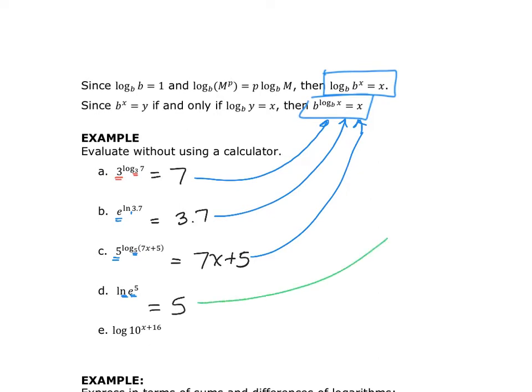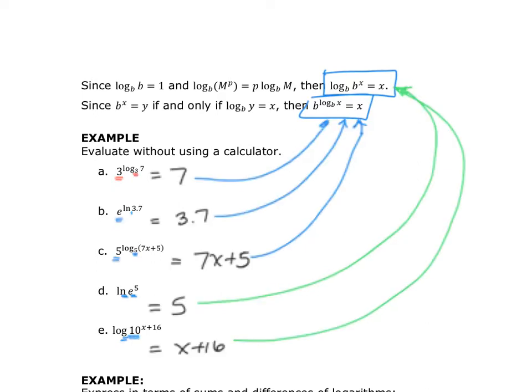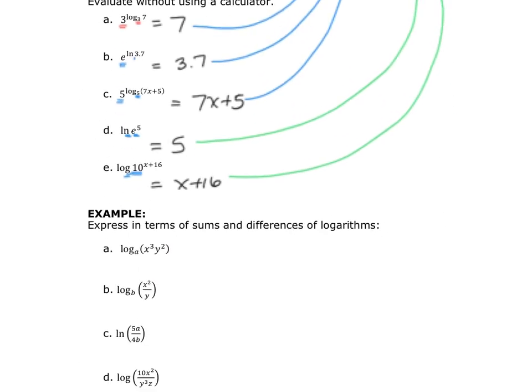And it's for this reason. And then I have the common log, base of 10 raised to the x plus 16. So this is just going to be x plus 16, and that's for this reason right there. So all of these are able to be simplified without a calculator by using just those two rules.